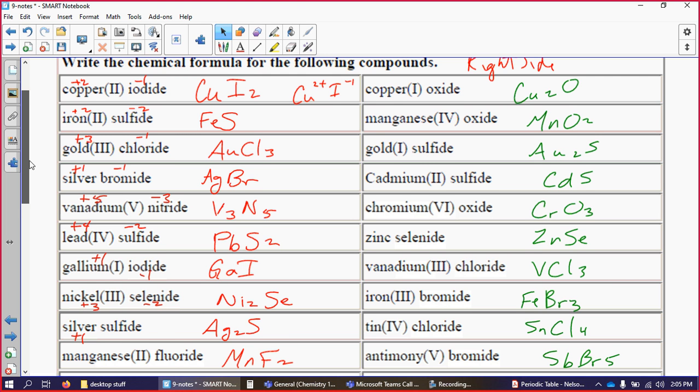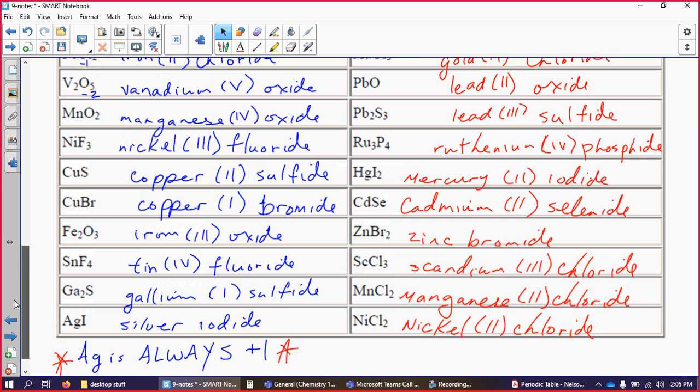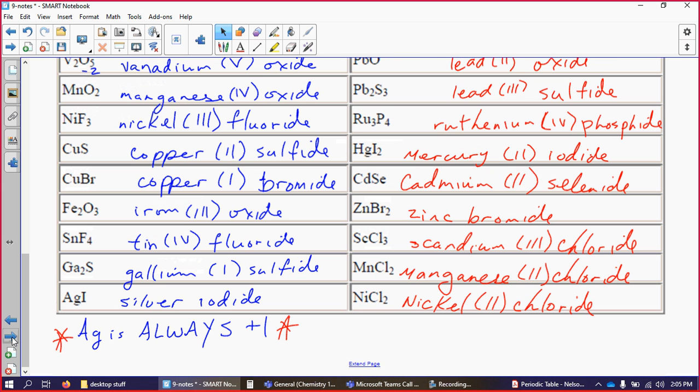Practice number 2 was the transition metal one. All of those answers are there. So today the cations are going to stay the same. The positive side, regardless of whether it's a regular periodic table anion or something else, follows the same rules. If it's a transition metal or a multivalent metal, we use Roman numerals.